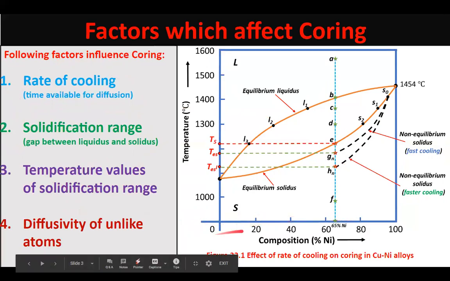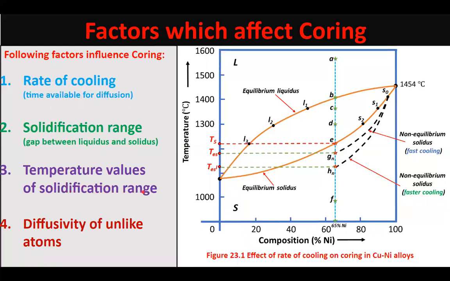For example, if you have taken a copper nickel alloy and a lead tin alloy, and the rate of cooling, the solidification range, and the temperature values of the solidification range are all the same, would the extent of coring in the copper nickel system and the lead tin system be the same? No. The amount of diffusion, apart from these factors, also depends upon the nature of the pair of elements which have to diffuse into each other.